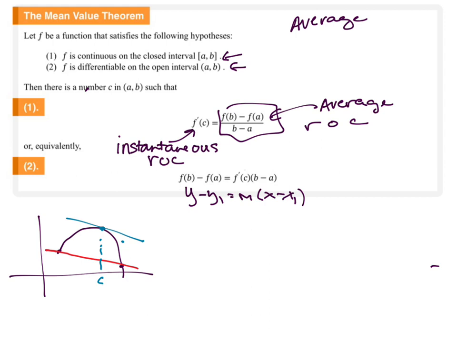Okay. If you look at the next picture in your textbook, you'll see kind of the same setup. We've got some function, and what they're telling me is the rate of change from A to B is equal to the instantaneous rate of change. Looks like it happens at a couple of points here. Okay. So we're looking for parallel.